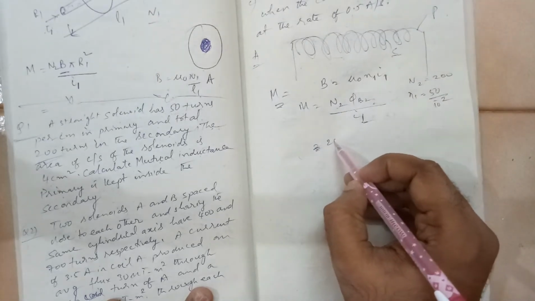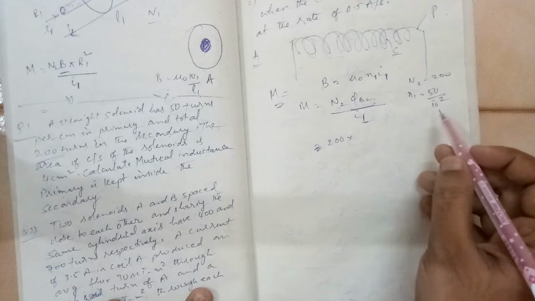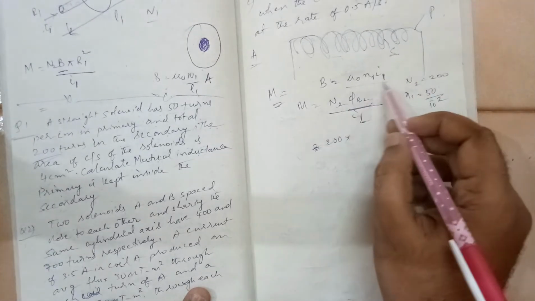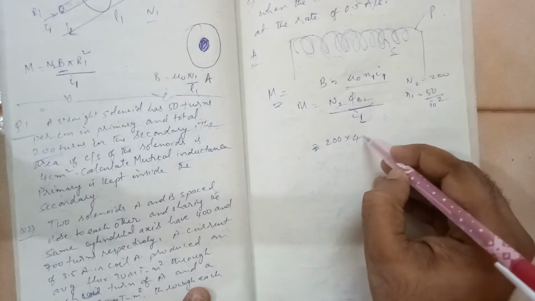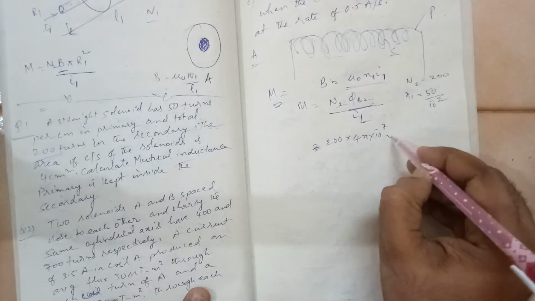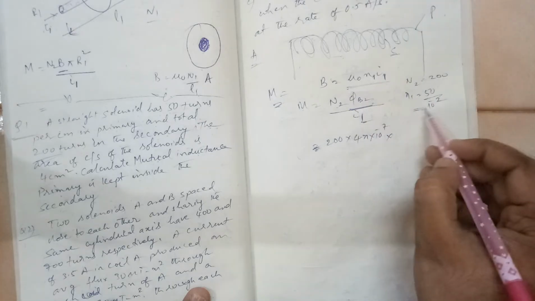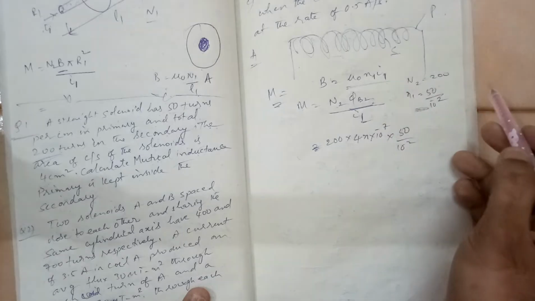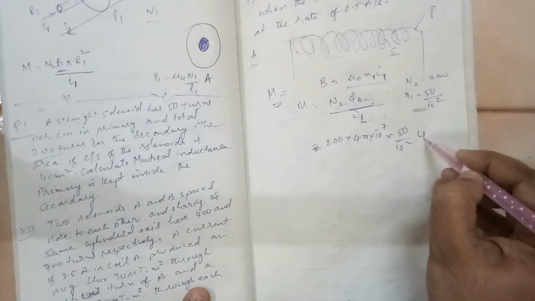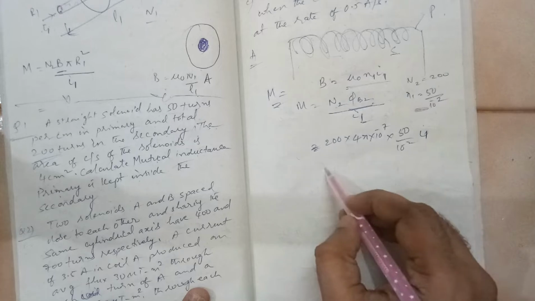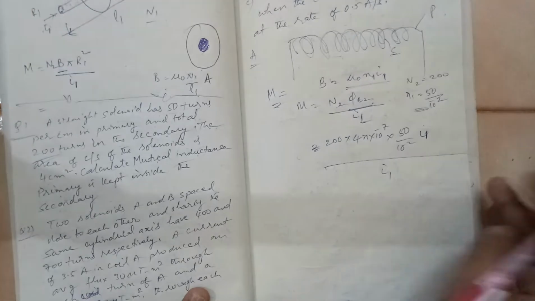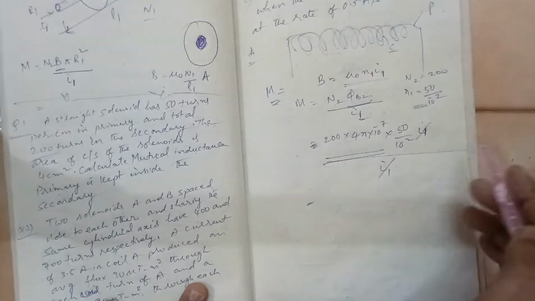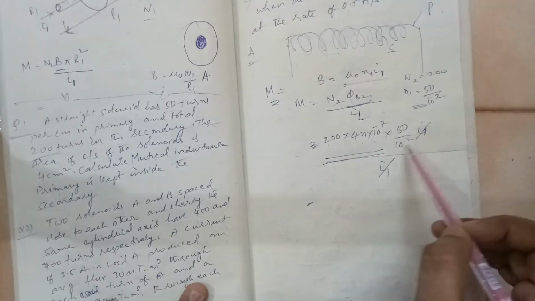So N2 is equal to 200. This is flux. Flux is magnetic field multiplied by the area. Magnetic field is this, so it is mu naught, which is 4 pi into 10 power minus 7, into n1, which is 50 by 10 power minus 2, and let us say some I1 divided by I1. So I1 gets cancelled and you are left with 200 into 4 pi into this.